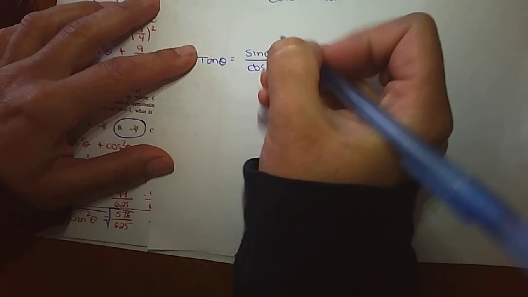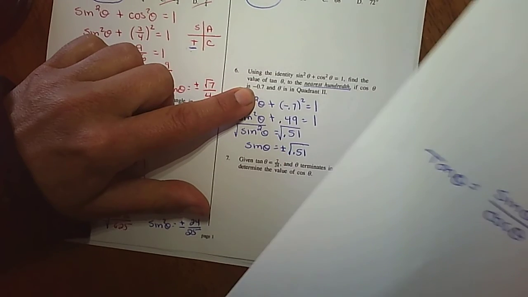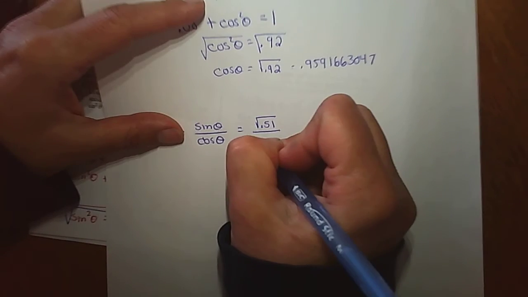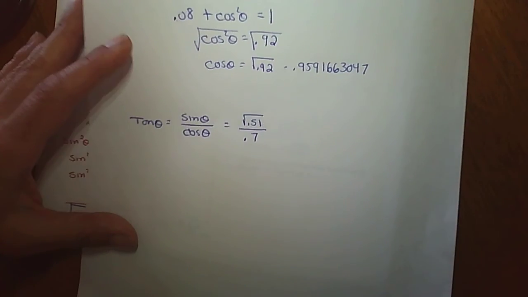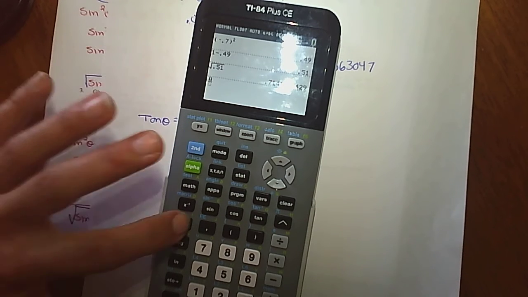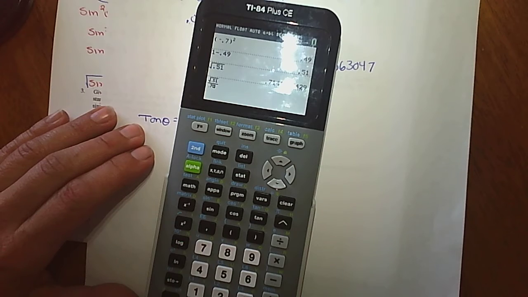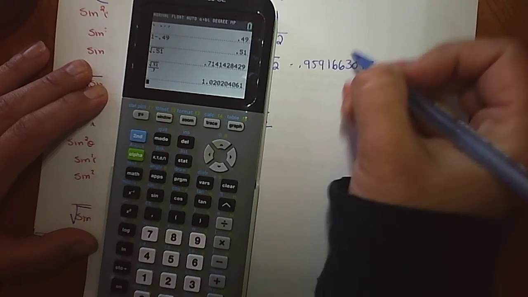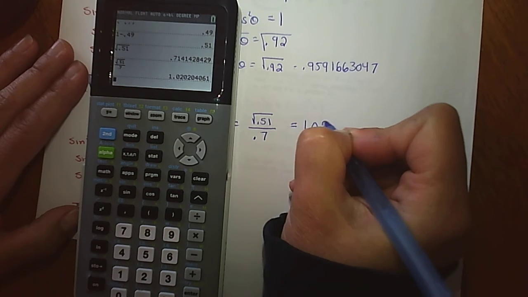So I'm going to take radical 0.51 for sine and put it over what the cosine was, which is 0.7. I'm not going to worry about the negative yet. I'm going to do the negative at the end. So here we go. I'm going to do fraction button, radical 0.51 over 0.7, and they want it to the nearest hundredth, so 1.02.